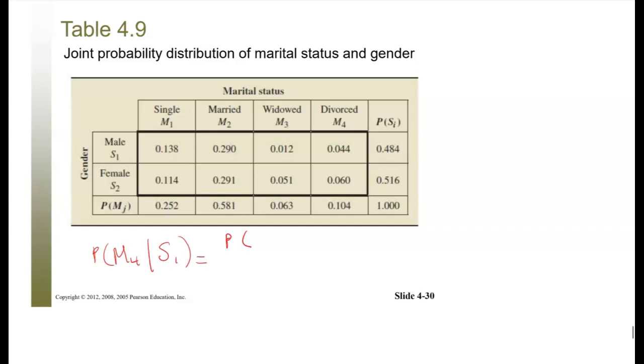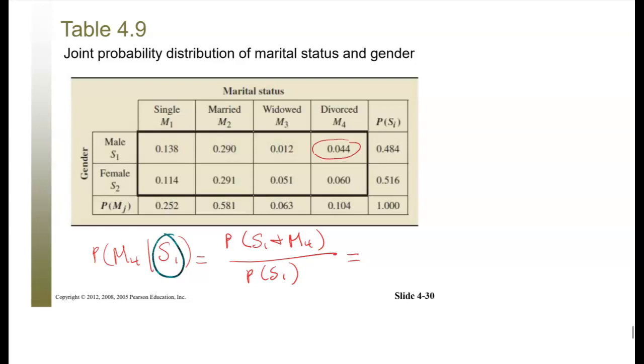So here we have, well, this would be the probability of S1 and M4 divided by, remember, you are always dividing by the condition. And the condition this time is S1. And that's one of the things you need to remember all along: what do you divide by? And it's always the number that comes after the bar. It's always the condition.